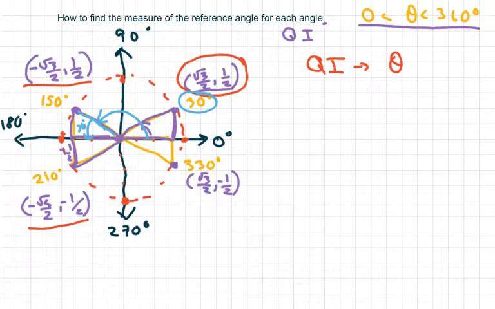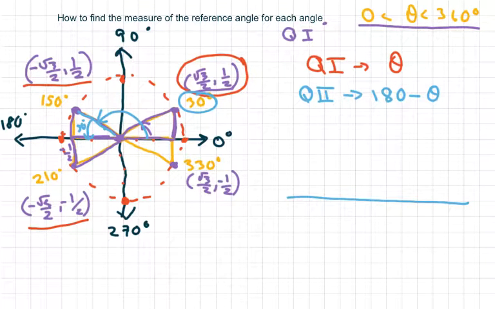If your angle's in quadrant 2, all you do to get the reference angle is take 180 minus your angle. So in this case, we have 180 degrees minus 150 degrees equals 30 degrees. So that's my reference angle.